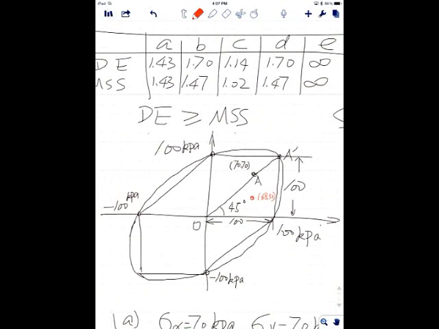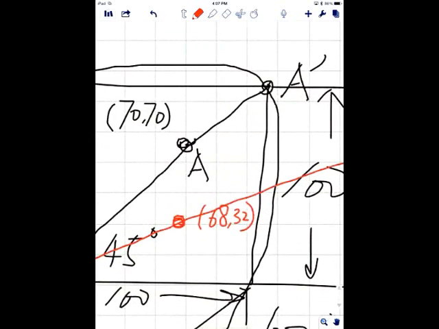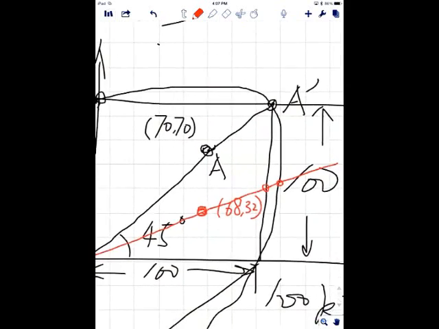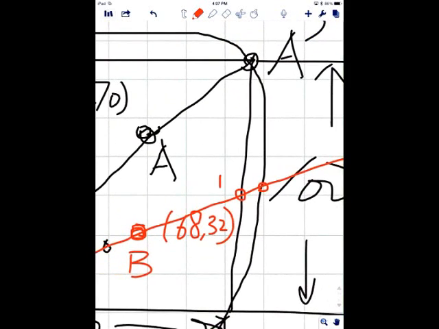Right? Okay. So if I draw a line over here, I have a point here and here. So this is my point B. This is my point B prime. This is my point B double prime.